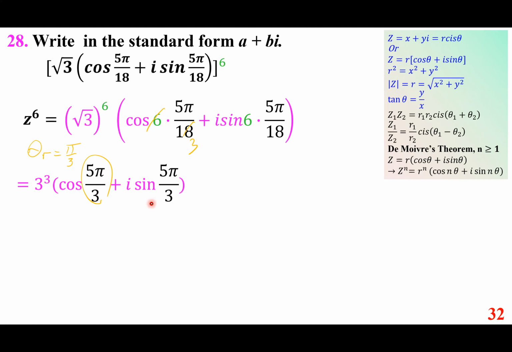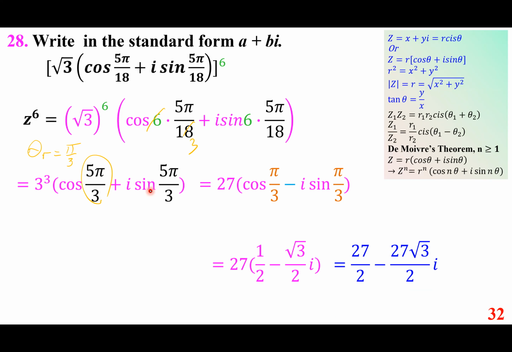This is the same as sine of pi over 3, but negative, because sine is negative in the fourth quadrant, minus square root of 3 over 2. So that's what we have, and we can distribute.